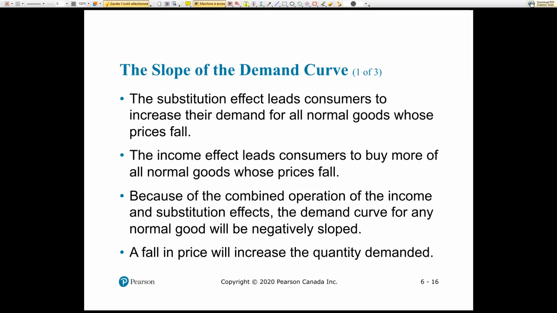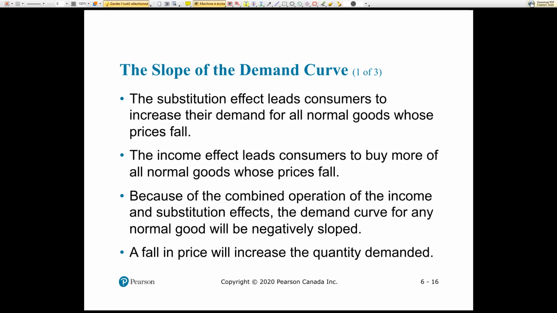What matters is how important a good is in somebody's day-to-day consumption. And what matters too is the size of the income effect, because the substitution effect is always negative. If the price increases, I always want to consume less. But the income effect can have two signs. It can be either positive or negative.